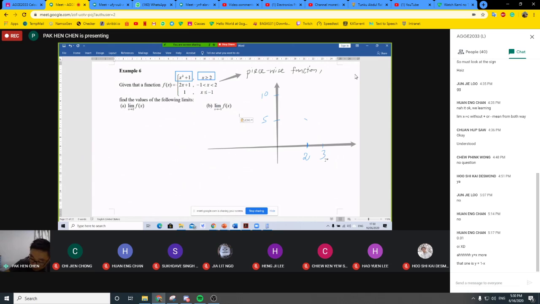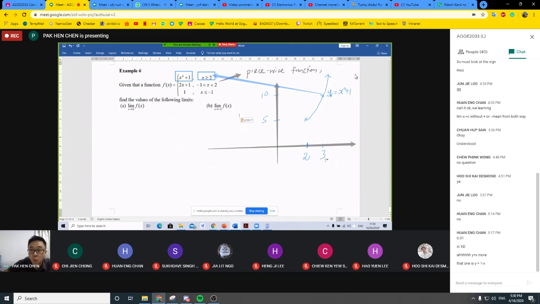That means I have a graph like this. I name it y1, which equals x squared plus 1, for that particular domain.